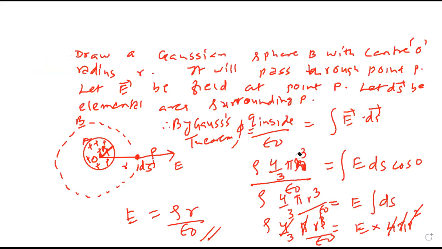Charge is in capital R. So 4 by 3 pi capital R cube. Capital R cube. And this is r square.